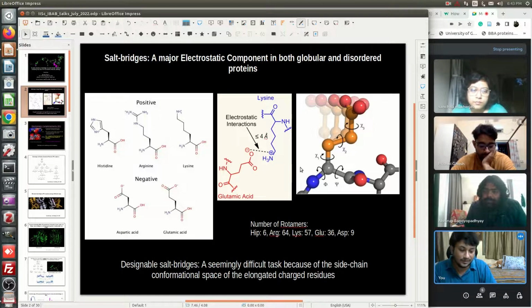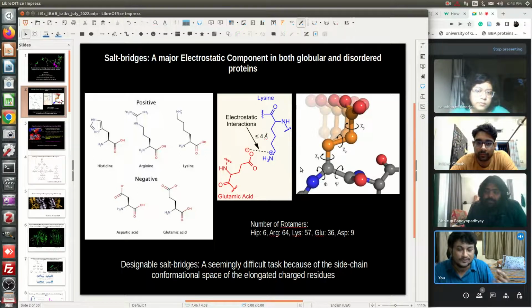because if you intend to design a specific, standalone salt bridge, you are basically jamming a conformation of a joint, ordered pair of side chains, and given that they have large conformational variation, the feasibility is quite thin.